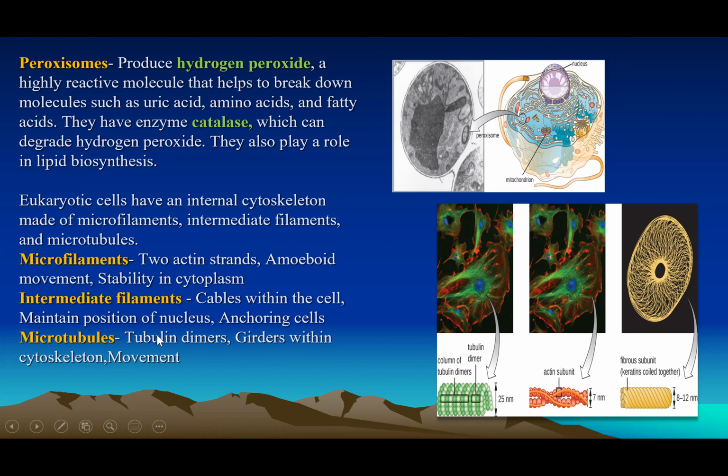They are the girders within the cytoskeleton, and they play a huge role in movement. These 3 vary in size. You can see microfilaments are 25 nanometers, and the intermediate are about 8 to 10, and the smaller ones, so they are classified according to the size.